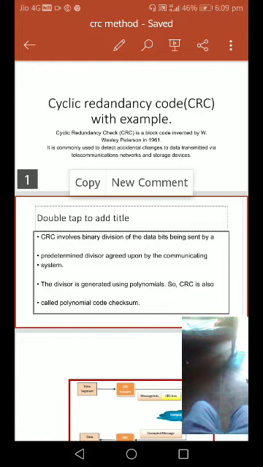The divisor is generated using polynomials.